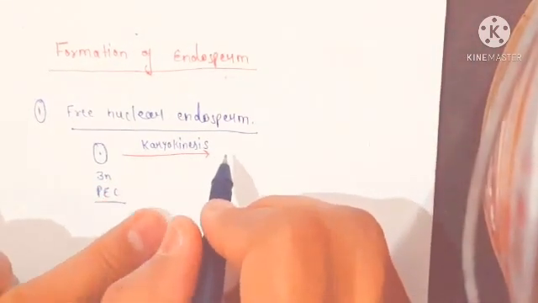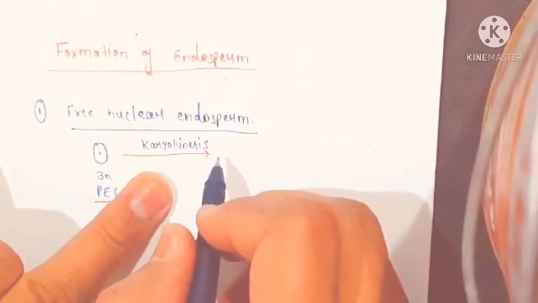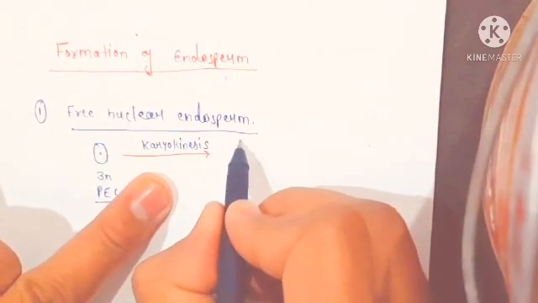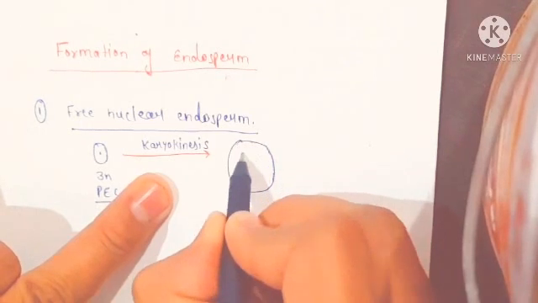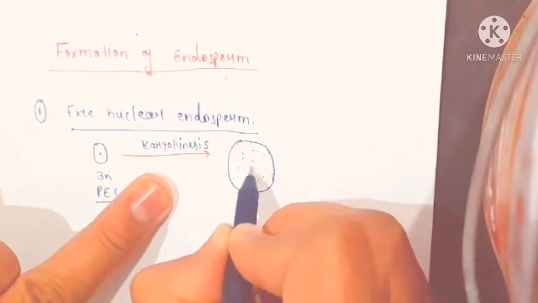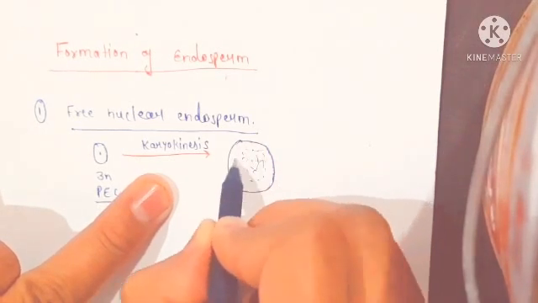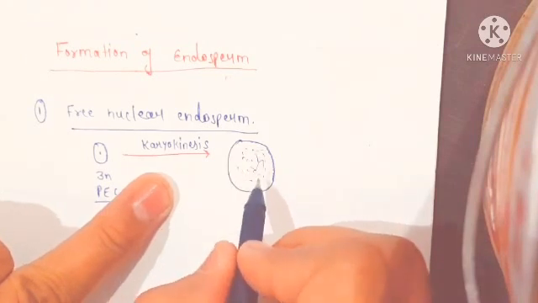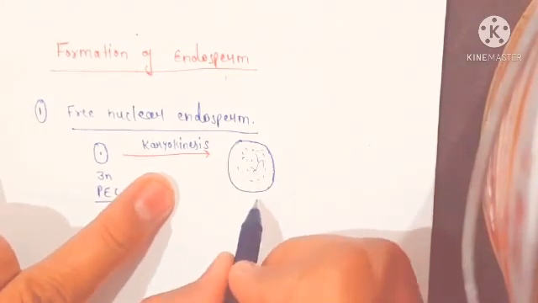So when karyokinesis takes place, lots of nuclei are formed, but there is only one cell because there is no cytokinesis.